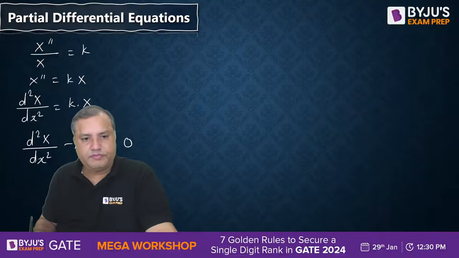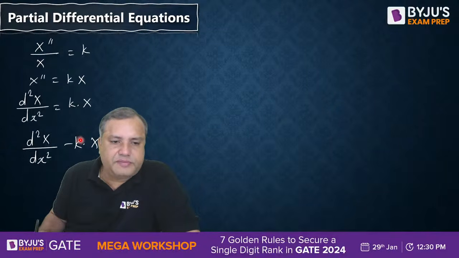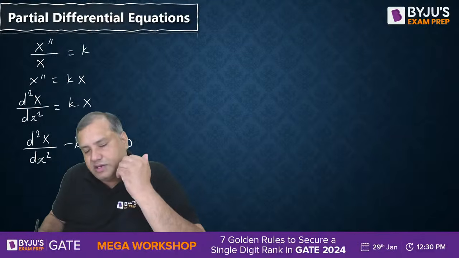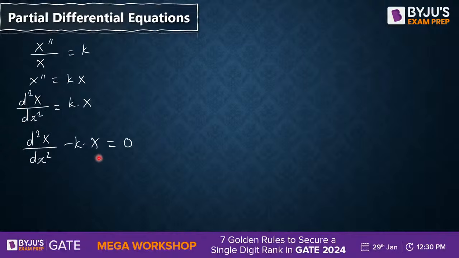Now students, please concentrate. See here, for simplification I am assuming this k to be a second degree variable. Just a moment, I am just assuming k equal to what? K equal to plus p square.